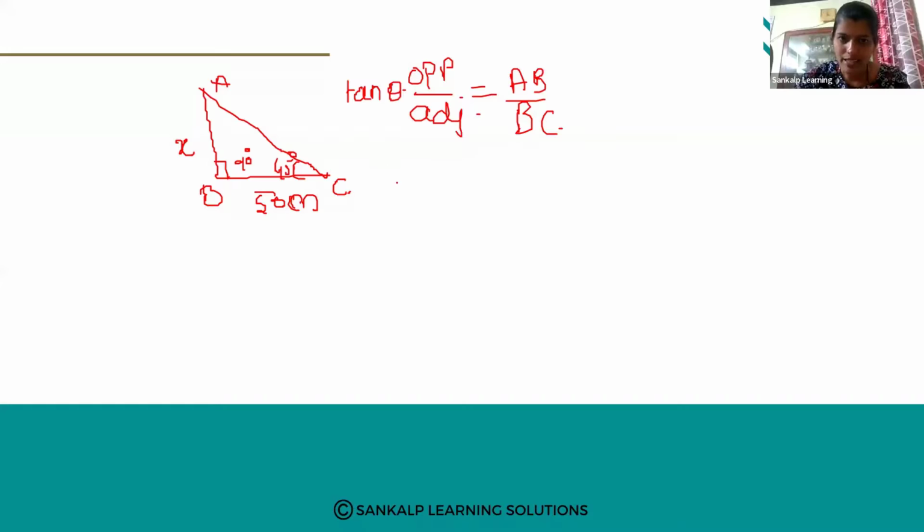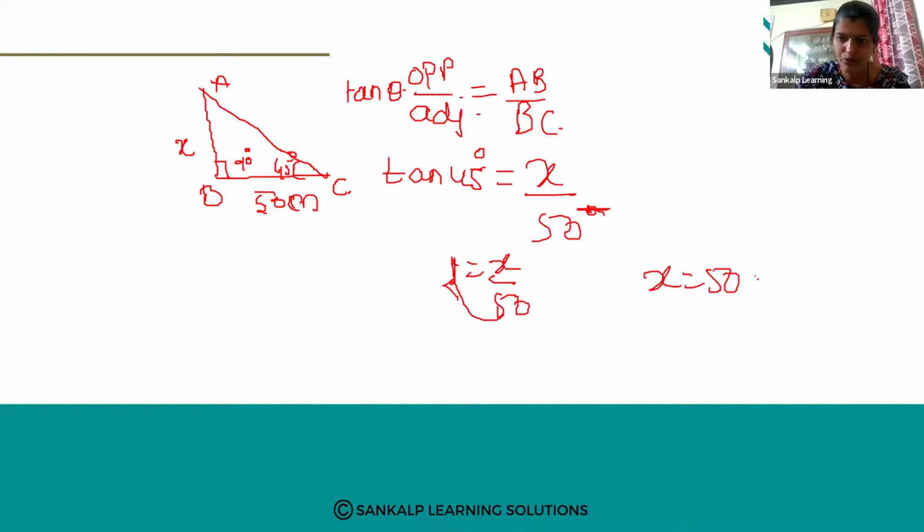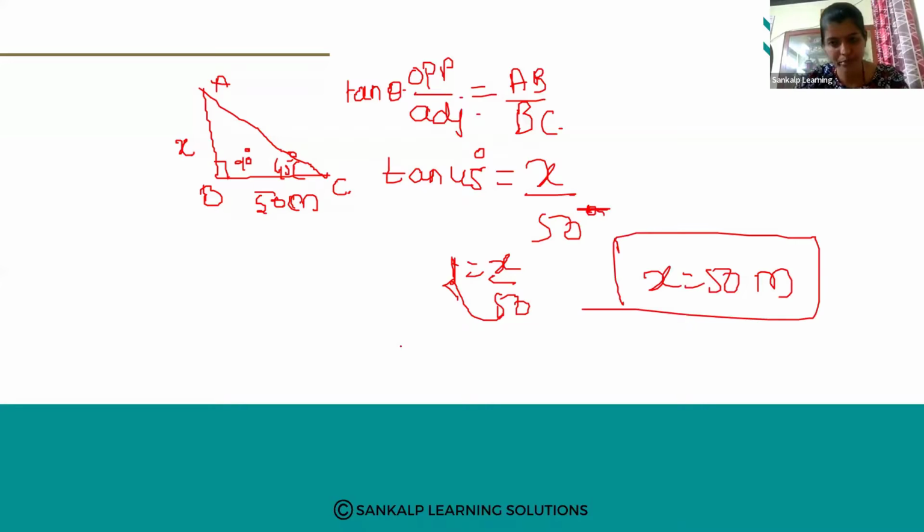Yes, so tan 45 degree is equal to opposite side, x, divided by adjacent side, 50 meter. So tan 45 is 1, equal to x divided by 50. Transfer this 50 to this side, you will get x is equal to 50 meter. Yes, x is equal to 50 meter.